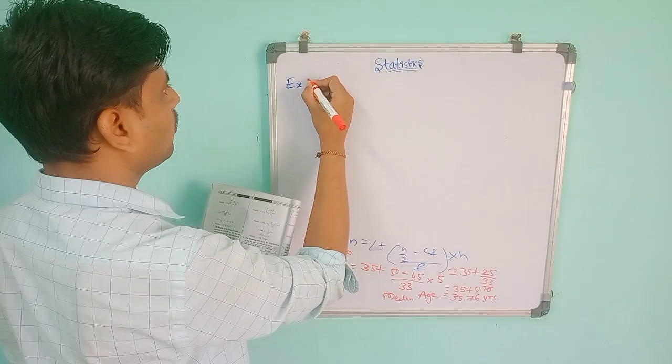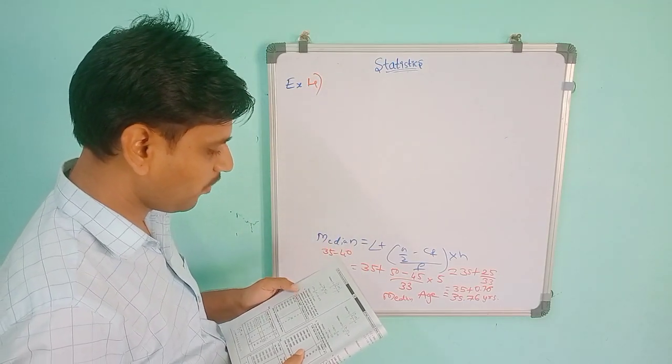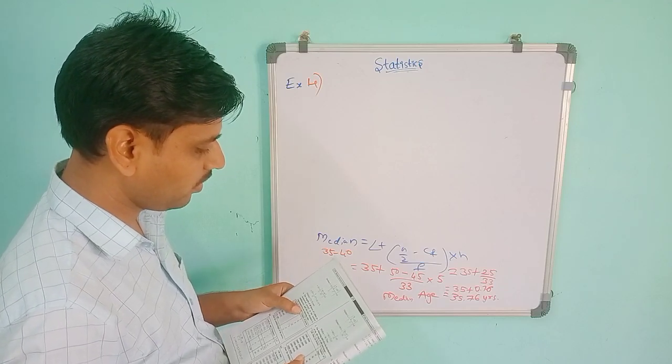Then problem number 4. The lengths of 40 leaves of a plant are measured correct to the nearest millimeter and the data obtained is represented in the following table.